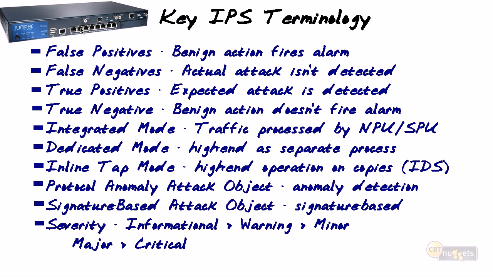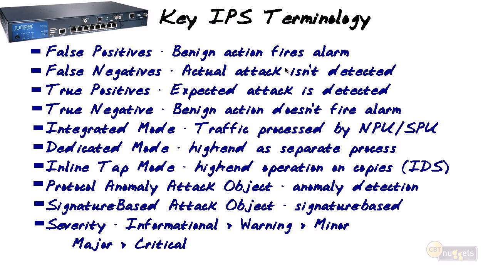So if traffic is not marked by a firewall rule to be processed by IPS, then it just basically bypasses the IPS engine, which is pretty cool. Now, beyond just the granularity of saying I want to apply IPS traffic processing to certain firewall rules, within that traffic that I'm processing, I can also get even more granular based on the way I configure my rule base. We'll look at that here as we get into the configuration.